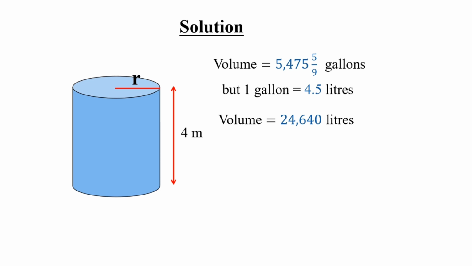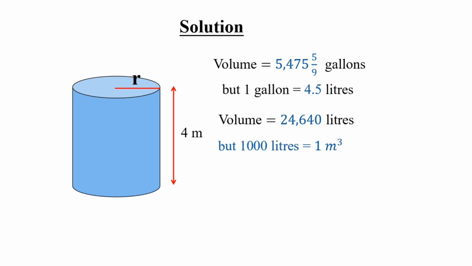It means that in the cylinder we will get an amount of 24,640 liters. But we are given the height in meters, so if we want to leave our answer in meters, we need to change from liters to cubic meters. 1,000 liters is equal to 1 meter cube.